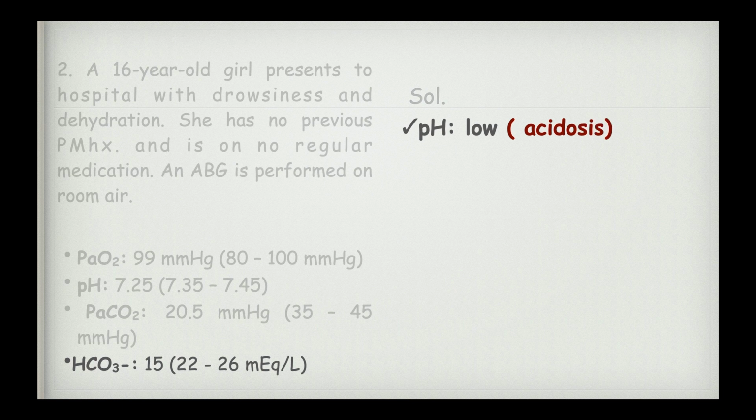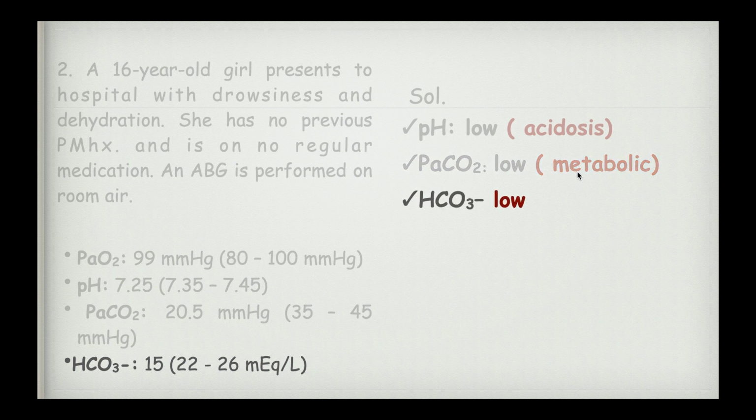Over here, we find that the patient's partial pressure of oxygen is 99 millimeters of mercury, which is normal, but the pH is low, which is pointing to acidosis. And what is causing the pH change? So we must check the carbon dioxide. The carbon dioxide is also low. And as we've learned earlier on, if the pH and the carbon dioxide are going in the same direction, then the cause is metabolic.